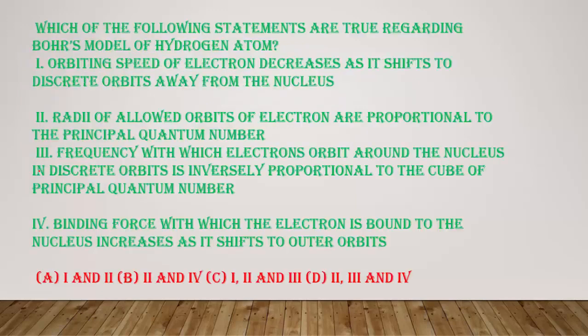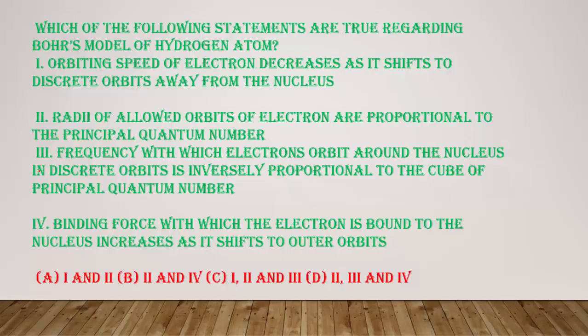And the next question is: which of the following statements are true regarding Bohr's model of hydrogen atom? According to Bohr's model, orbiting speed of electron decreases as it shifts to discrete orbits away from the nucleus.